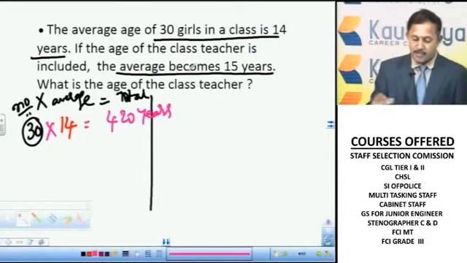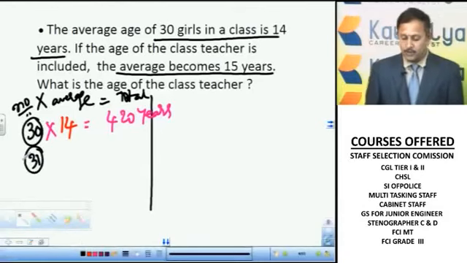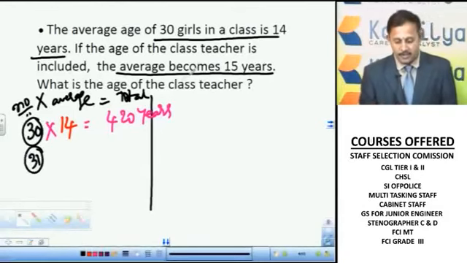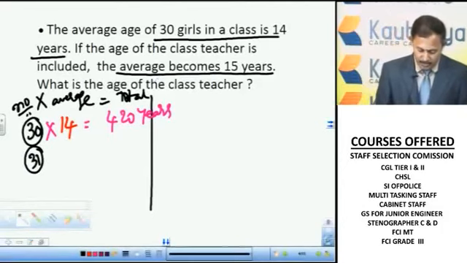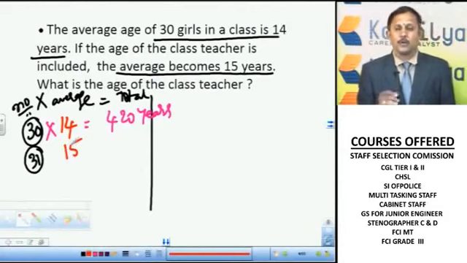Next, if the age of the class teacher is included, then the number of candidates will change to 31. With the addition of the age of the class teacher, the average age becomes 15 years. So 15 is the average age of all the 31 candidates including the teacher.